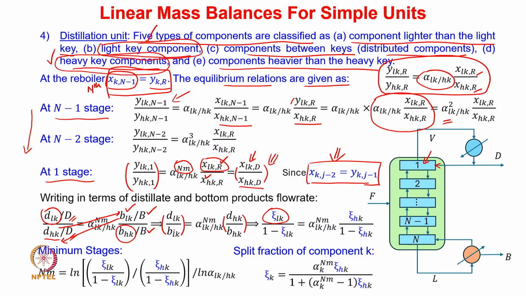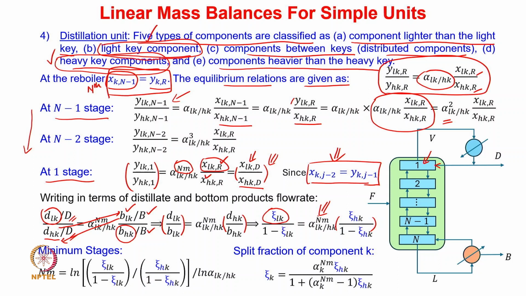So we can write down this as dLk by BLK is given as split fraction of the light key component divided by 1 minus split fraction of the light key component for the top products. Okay. Similarly, for the heavy key component also we can write down DHK by BHK as zeta HK divided by 1 minus zeta HK.